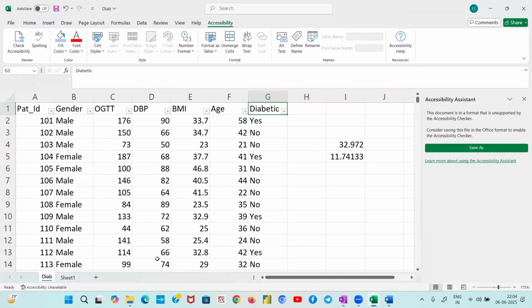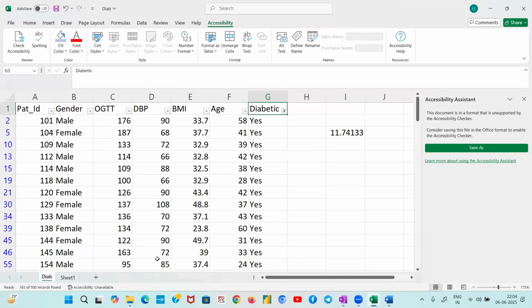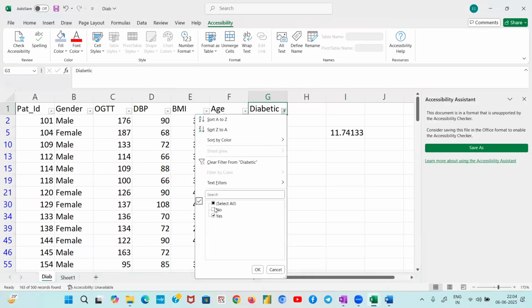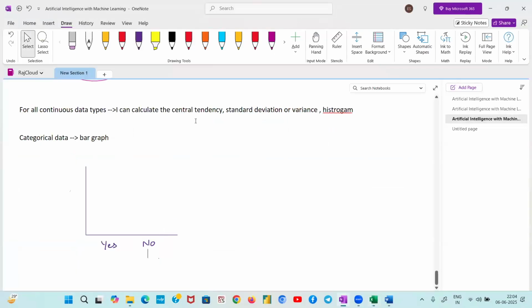In Excel also we can do this. If I count the yes patients, if you see in the bottom left side, where is my mouse, 163 people out of 500 are yes. And how many no's? 337. So that means non-diabetic patients are more, 337.